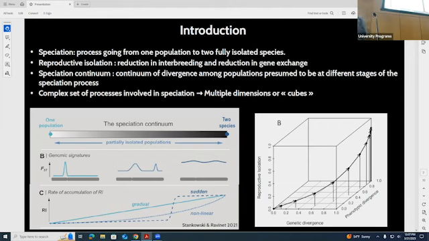Now, often we have access potentially to this, but direct measures of reproductive isolation and other factors are a bit more tricky in natural systems.